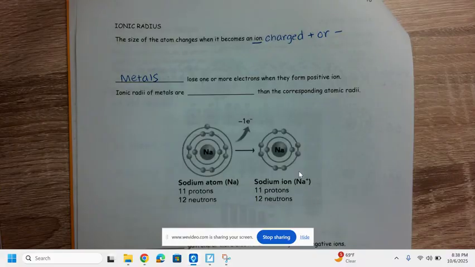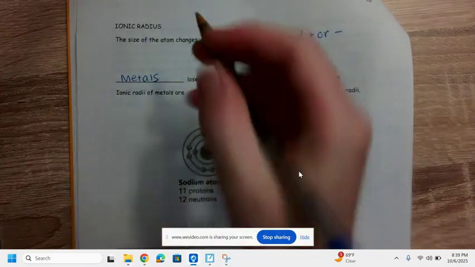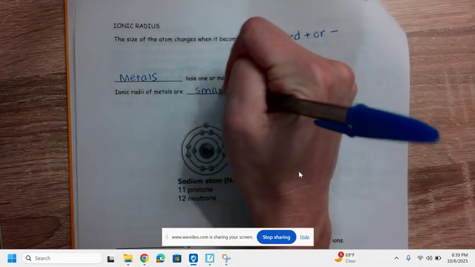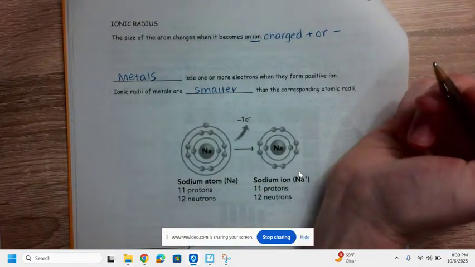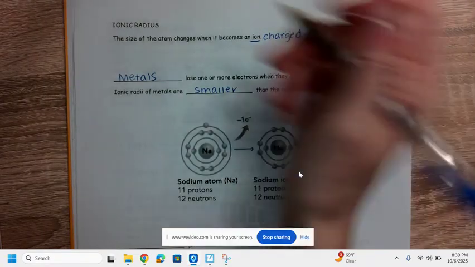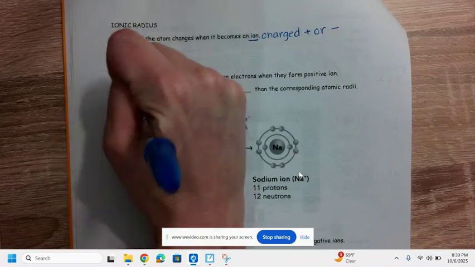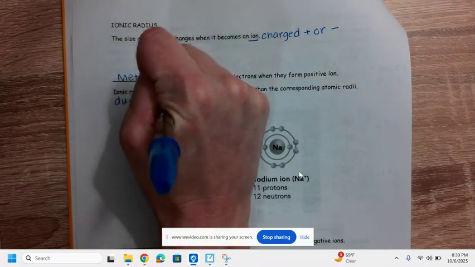Now, what happens when you lose electrons? Well, just like when you, in my analogy, lose weight, you get smaller. So the ionic radii of metals are smaller than their atomic radii. And that's due to an empty valence shell, which I'll show you in that picture below.